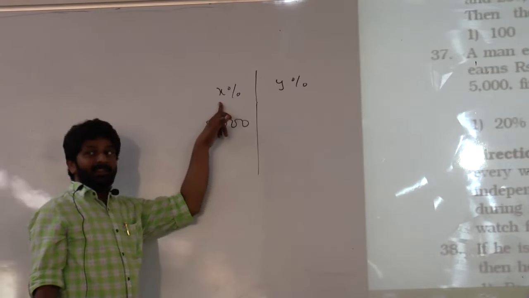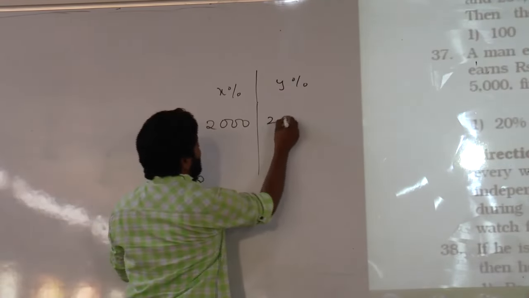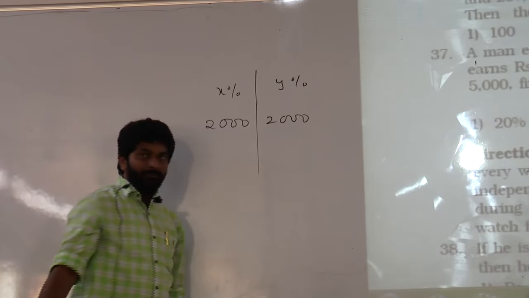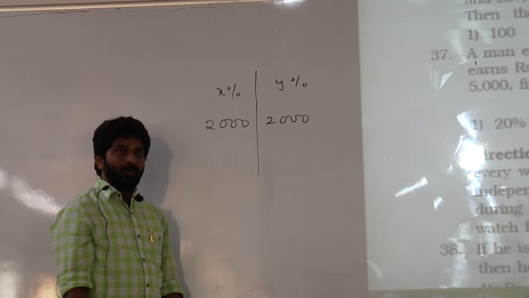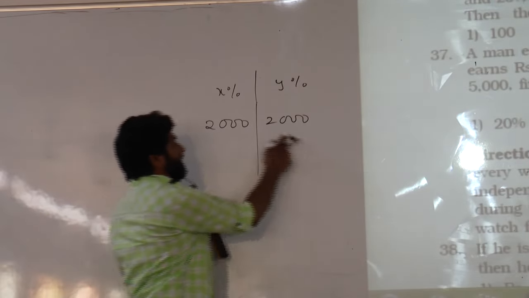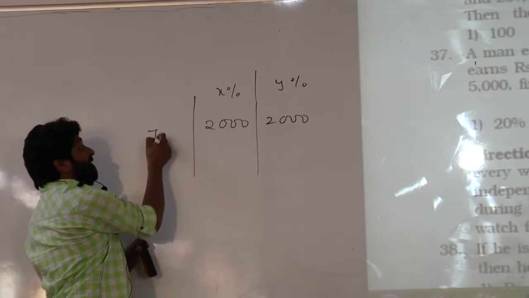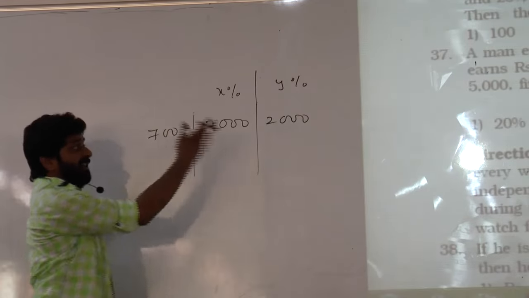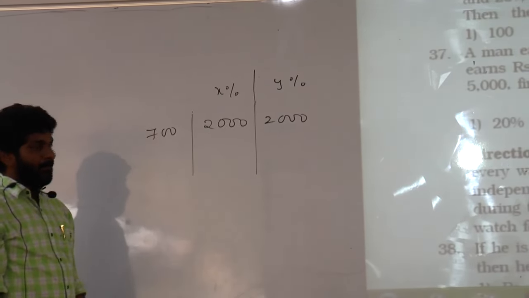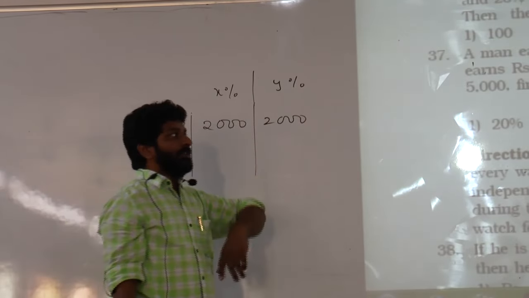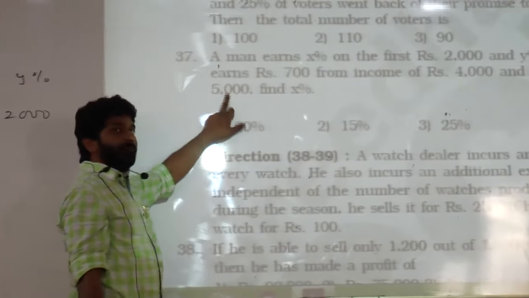Out of 4,000, for first 2,000 rupees he will get X%, and on remaining 2,000 rupees he will get Y%. Yes or no? And in first case he got 700 rupees as his commission, and he got 900 rupees from his income of 5,000.